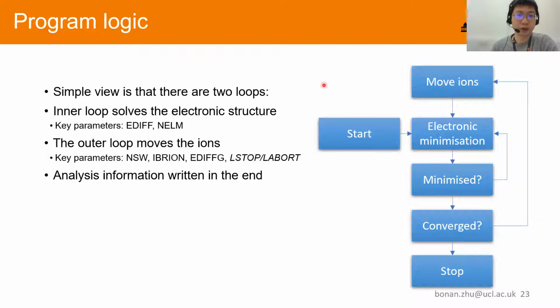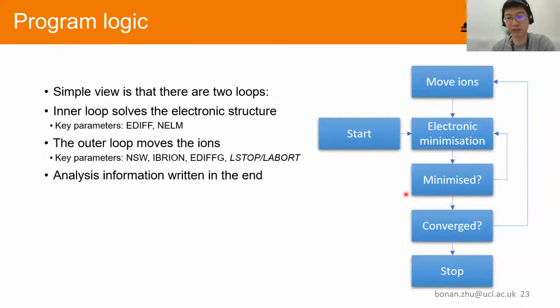In terms of what it's actually doing when you run a calculation, conceptually it is quite simple. There are basically two loops. You have an inner loop, which is for solving the electronic structure. This is also sometimes called the SCF cycles. And there is also an outer loop, which moves the ions. Once you solve the electronic structure, you get energy and forces, and then you move ions to lower the energy.